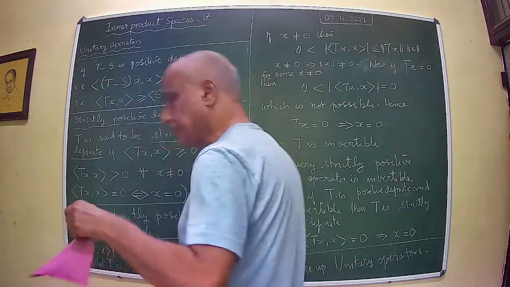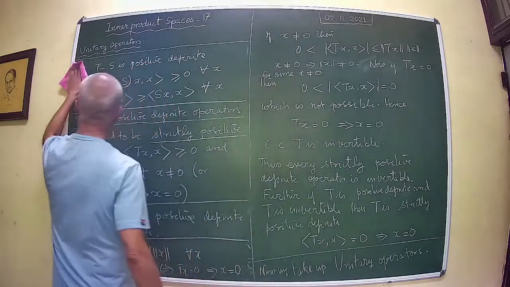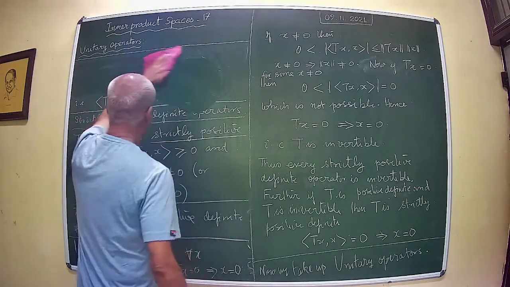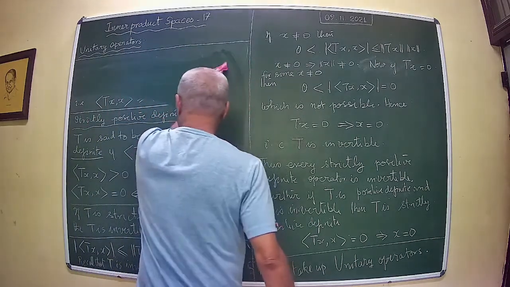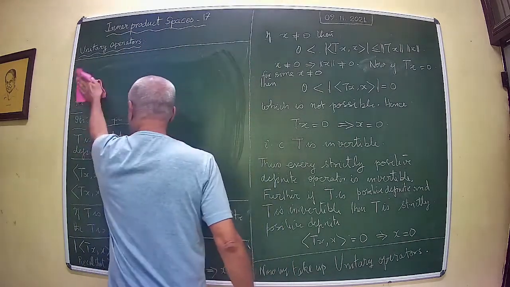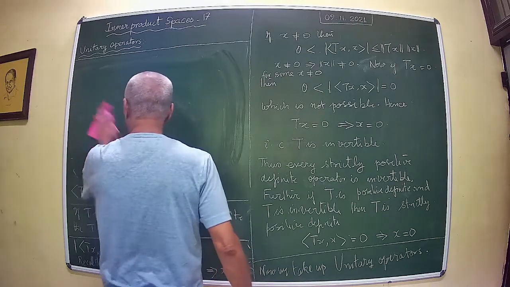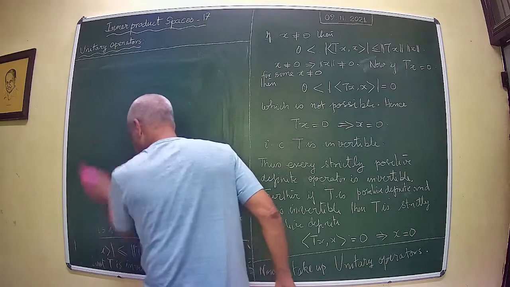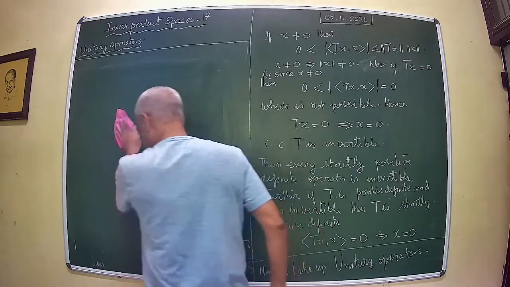I told you in the beginning that unitary operators are analogous to the complex numbers on the unit circle. This is the analogy that we have.